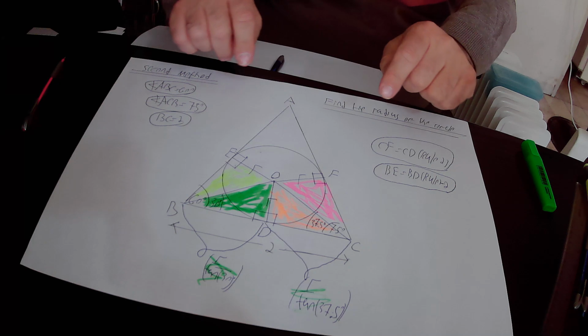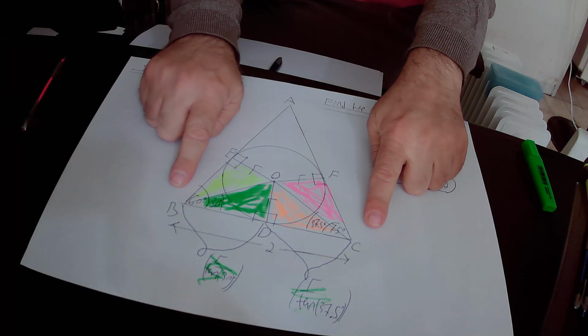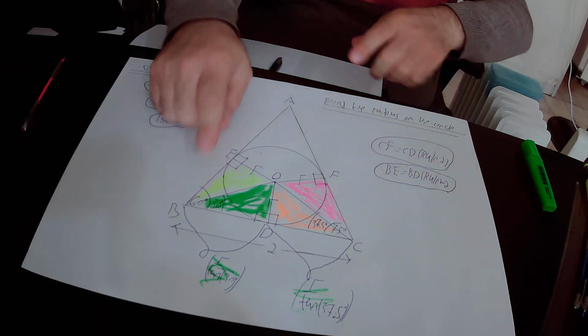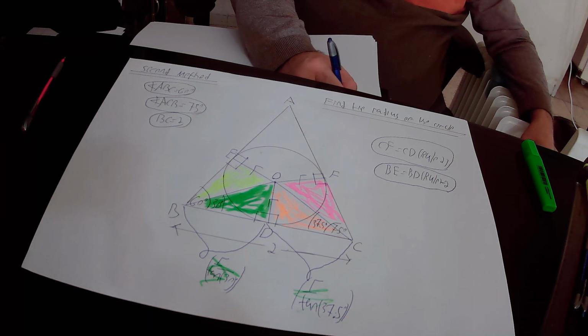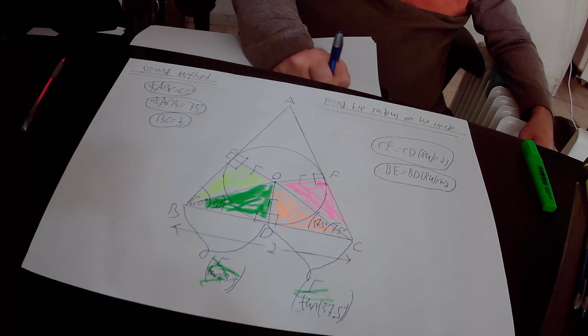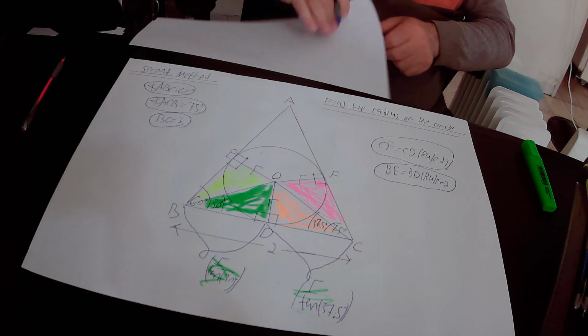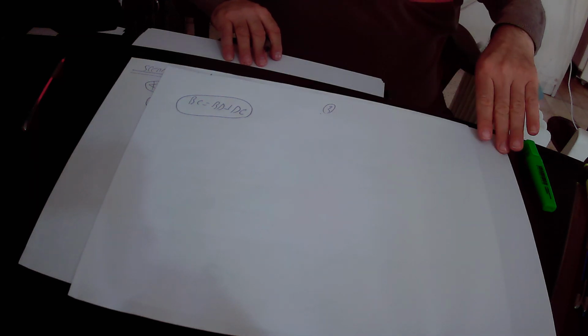From the drawing, it is very easy to see that BC equals BD plus DC. So I write it down: side BC equals BD plus DC.